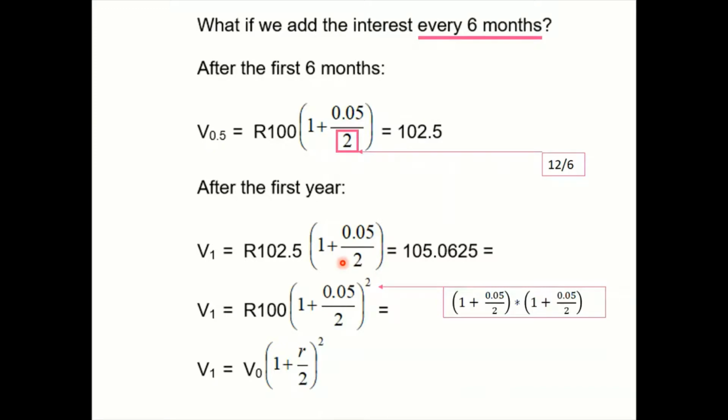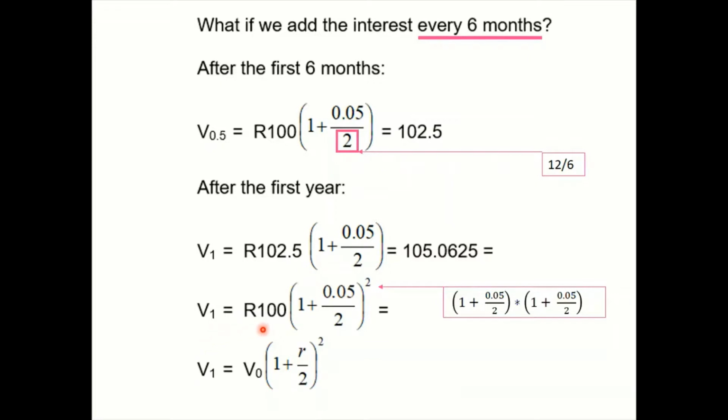So again, for the next 6 months, we have to take the annual interest rate, divide it by 2, and if we multiply this value by this value here, we will end up with a value for our investment of 105 Rand.